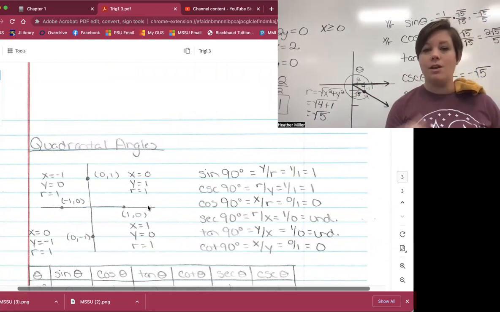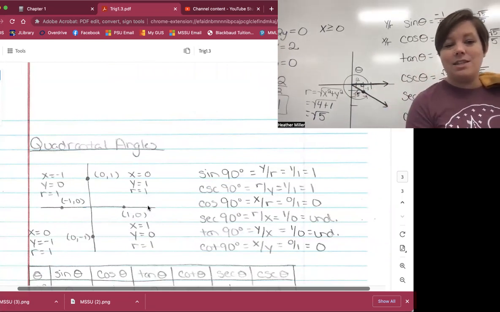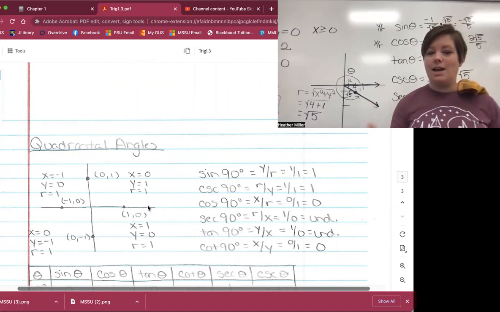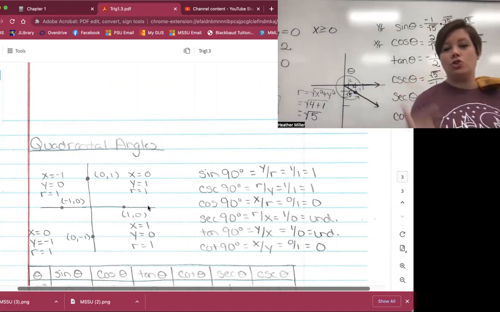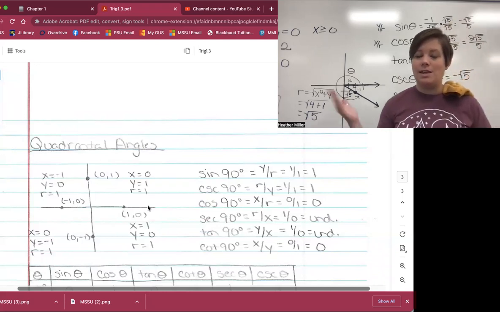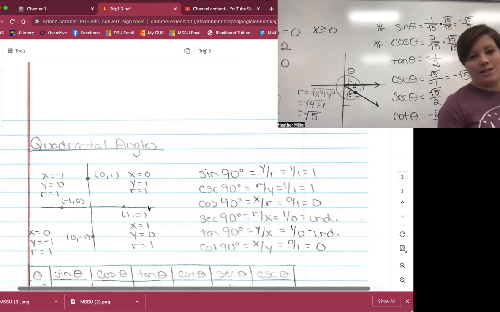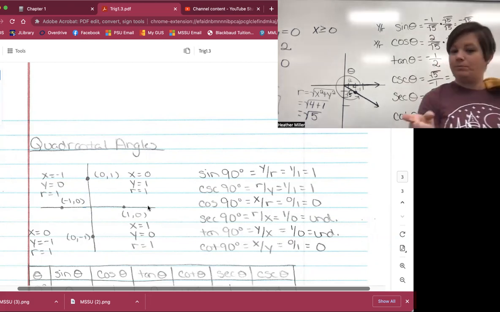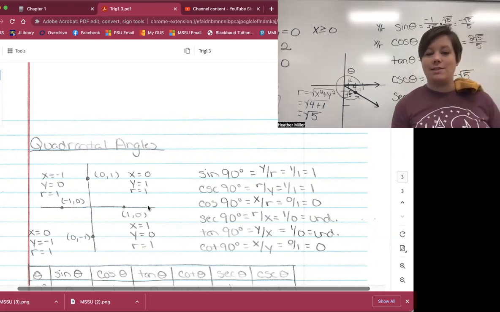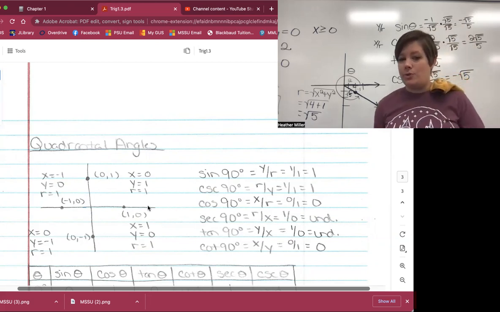I'm probably going to mess it up a lot. What it is, these are the angles where theta is 90 and 180 and 270 and 360. They're kind of special because they lie on your axes. And so when you have to find theta when it lies on one of those axes, this is how you would do it.